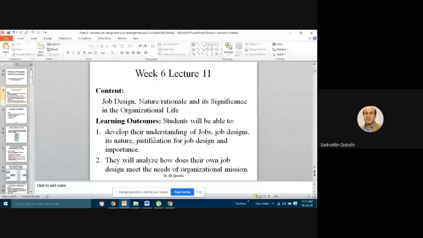Secondly, analyzing and evaluating your own job with specific reference to the mission and how your job meets the organizational mission. So let's start.